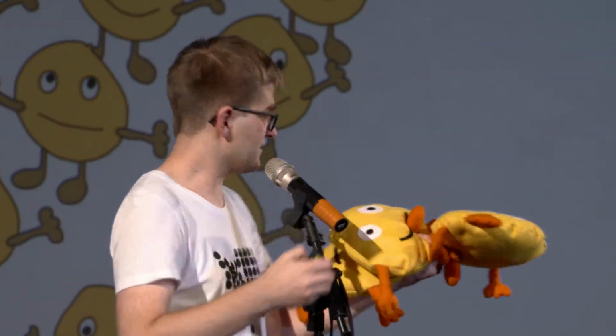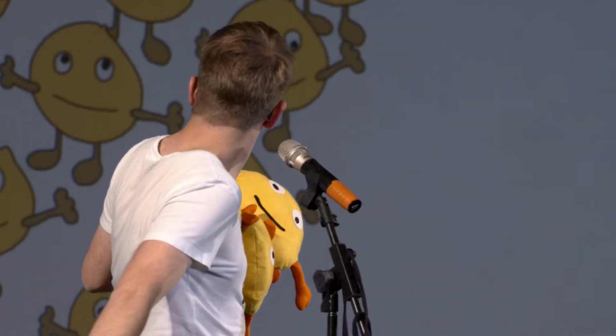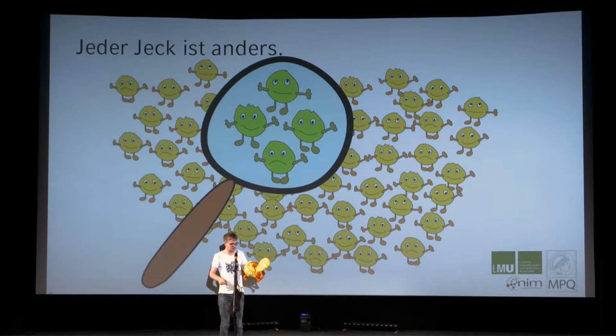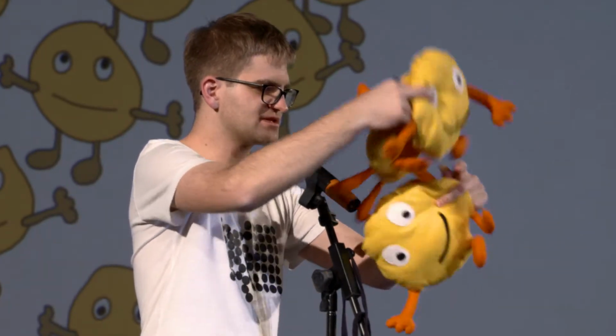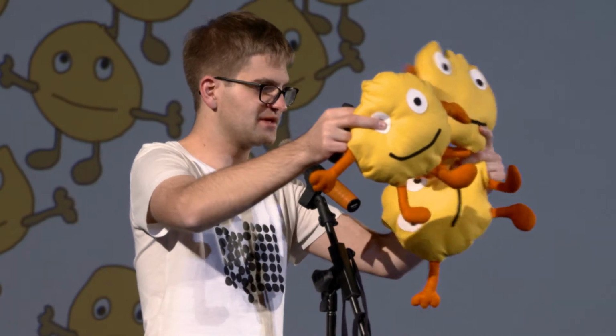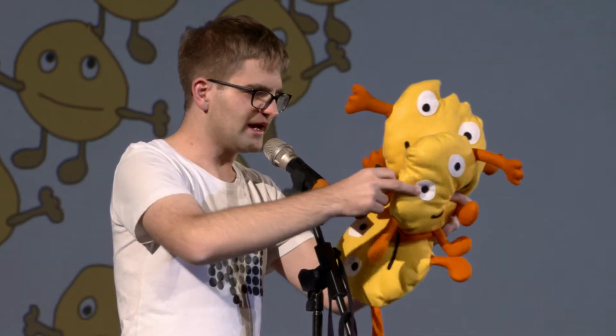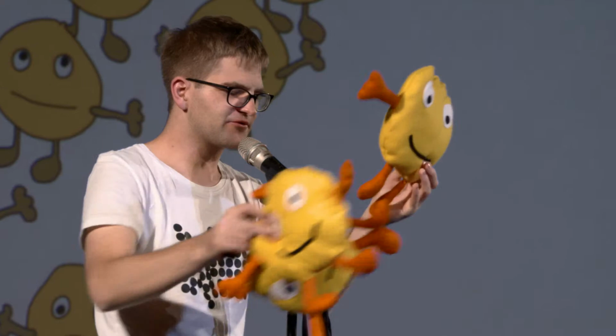But if you look at them in detail, you see this has a weird haircut. This is very round, and this has turned feet. Now this is the turned feet guy, and this is the weird haircut. If we look in detail, we see that they all are different, so we have to investigate them individually.